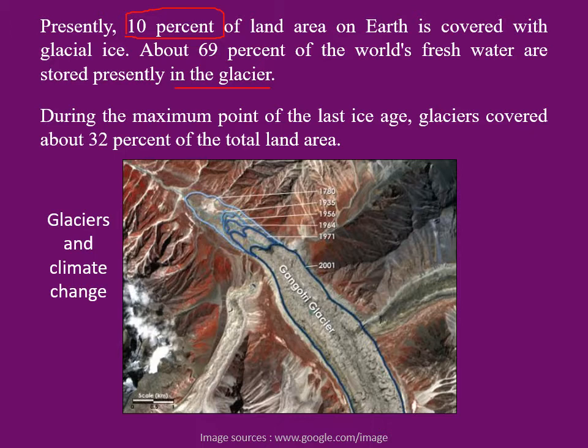For example, in the Pleistocene time, the Earth was 32% covered with ice or snow. So the activity of glaciers was more pronounced, with more areal coverage during the Pleistocene, whereas the present day it is far less compared to the Pleistocene.